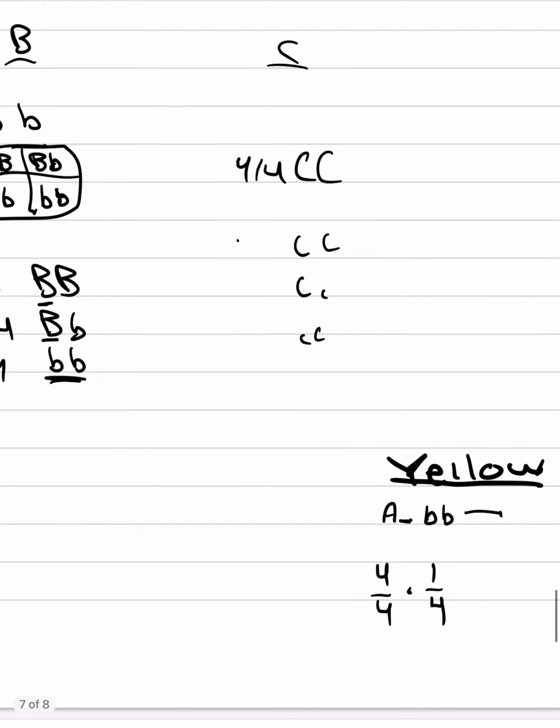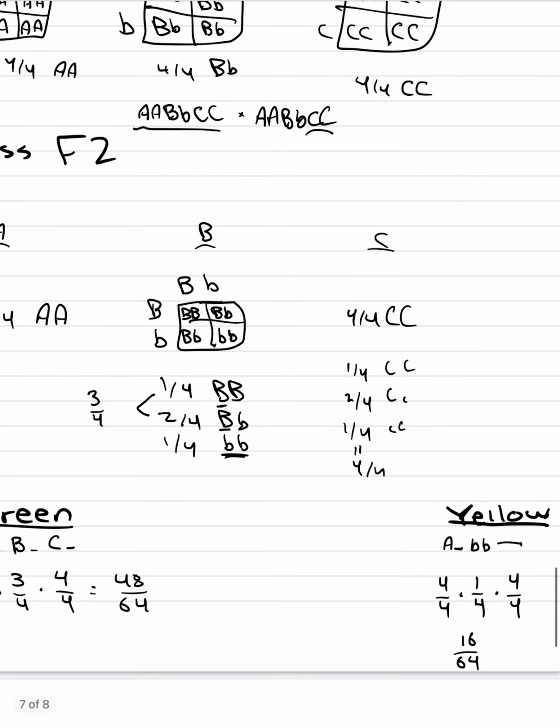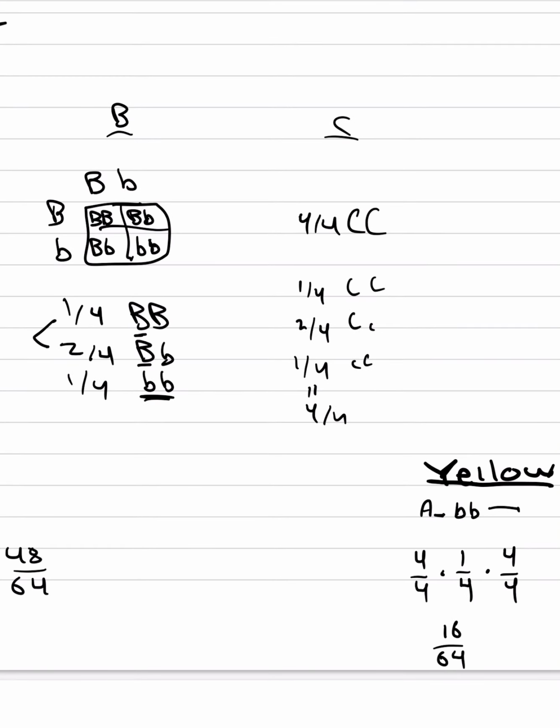So if this was, let's say, 1 out of 4, 2 out of 4, 1 out of 4, we can combine these together to get 4 out of 4, and we would use that. So times 4 out of 4, which gives us 16 out of 64. To check to see if my math is correct, I'll just add them together, see if they equal 48 and 16. That equals 64, so my math is correct.